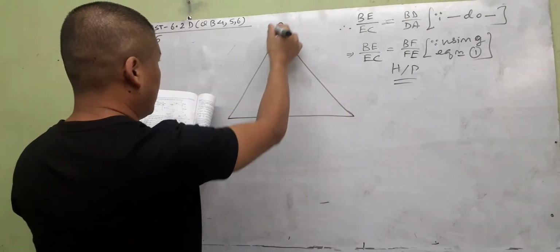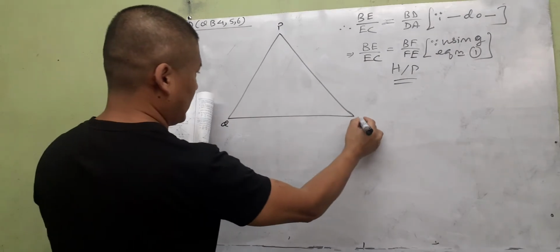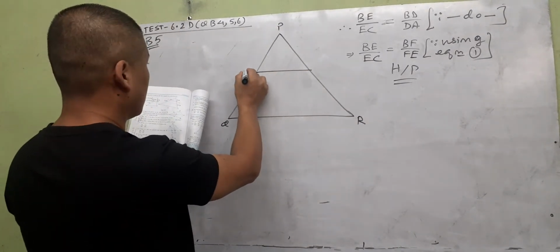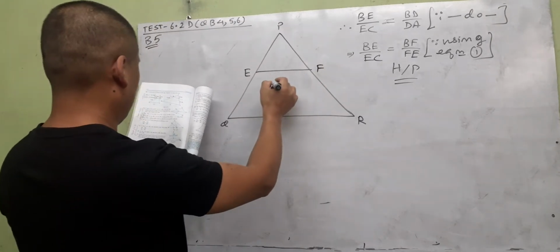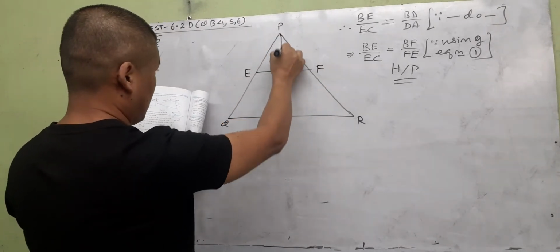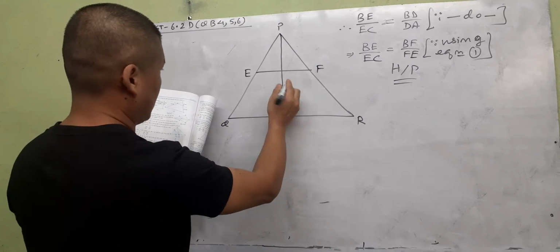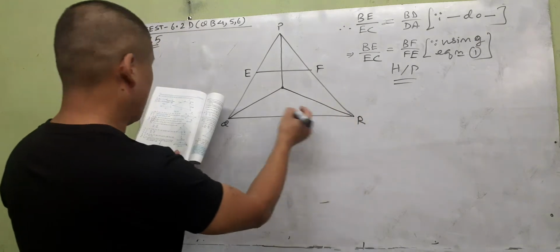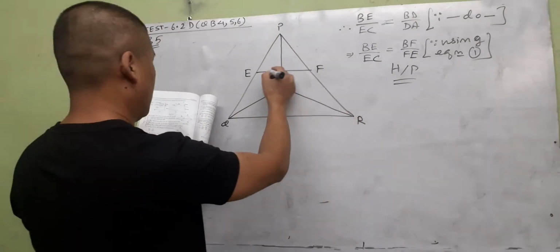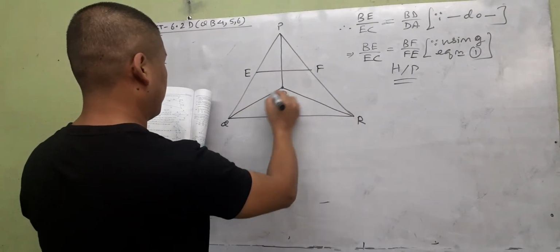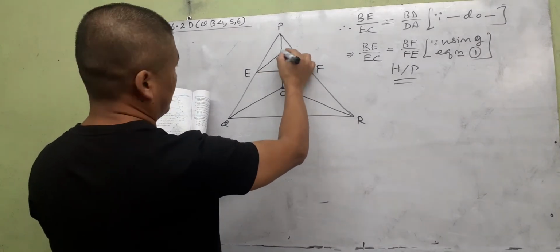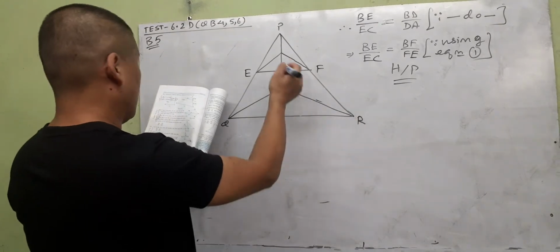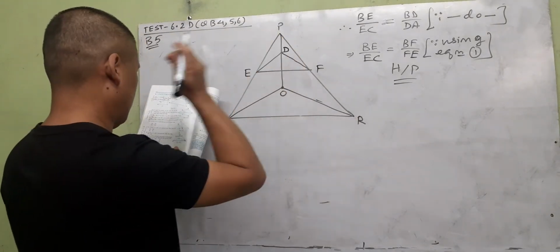You can clearly see P, Q and R. Then this line EF is joined up to here, and O. These two lines are parallel, and these two are parallel.